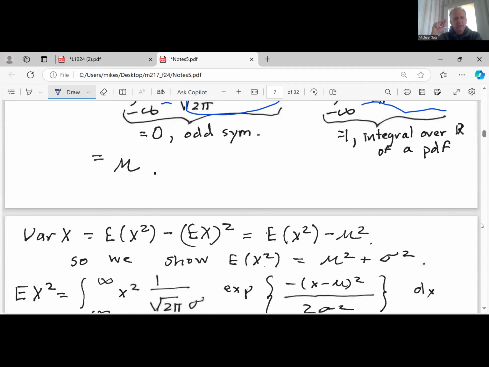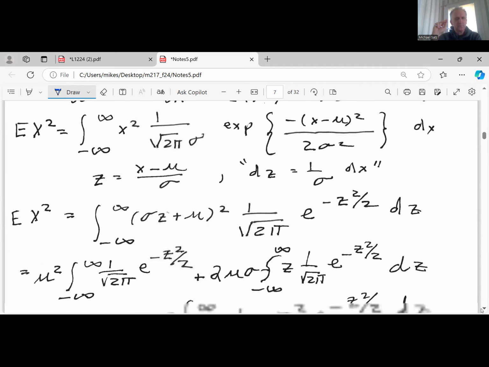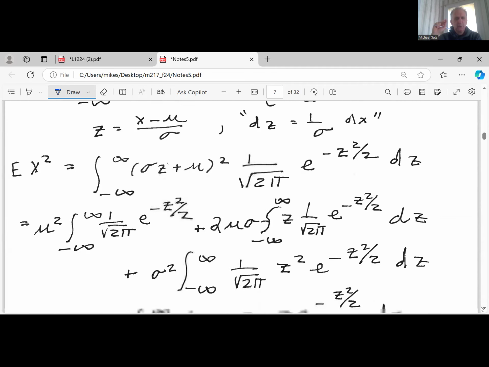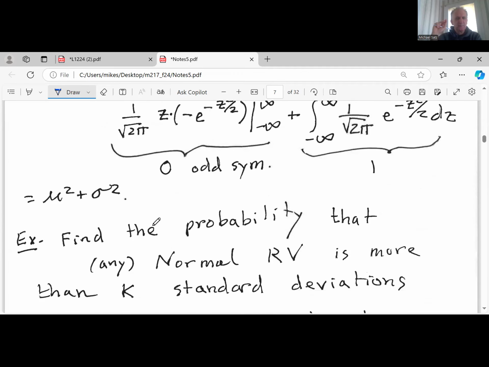So to do the variance, I really need to do E of X squared, because then I know it's E of X squared minus E of X all squared. So the next thing is just how to integrate E of X squared. The guy next door is using his weed whacker, pissing me off. Okay, anyway, some steps, and then you come to this, but then this minus mu squared gives me sigma squared.